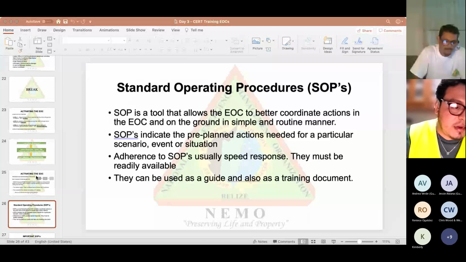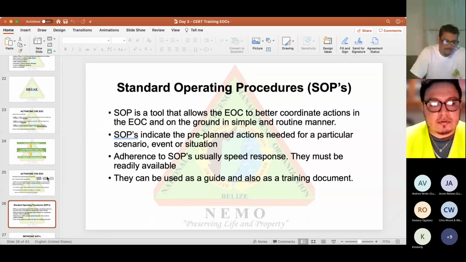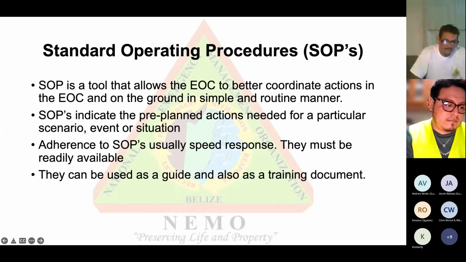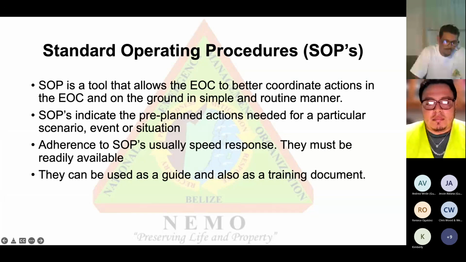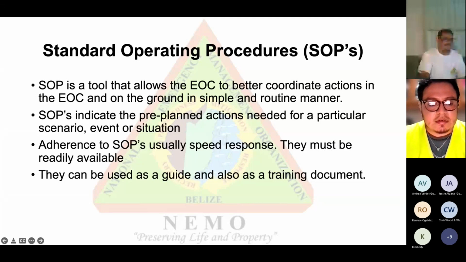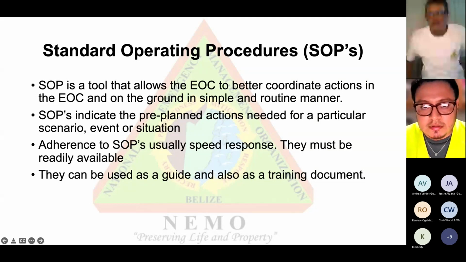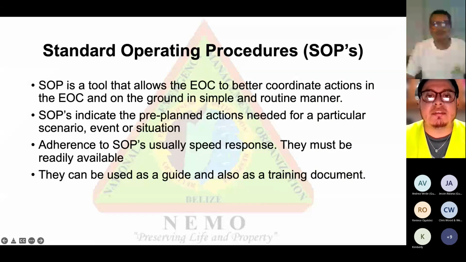So any questions on the activation of the EOC, as I mentioned, before we go to the standing operating procedures? Okay then. Mr. Kenton, the floor is all yours. So there are no questions or doubts, and proceed with the presentation.